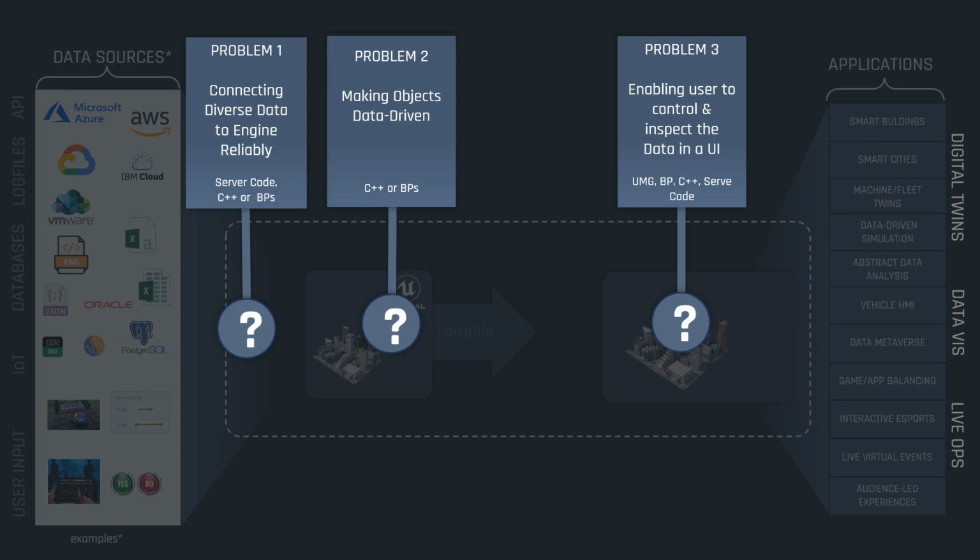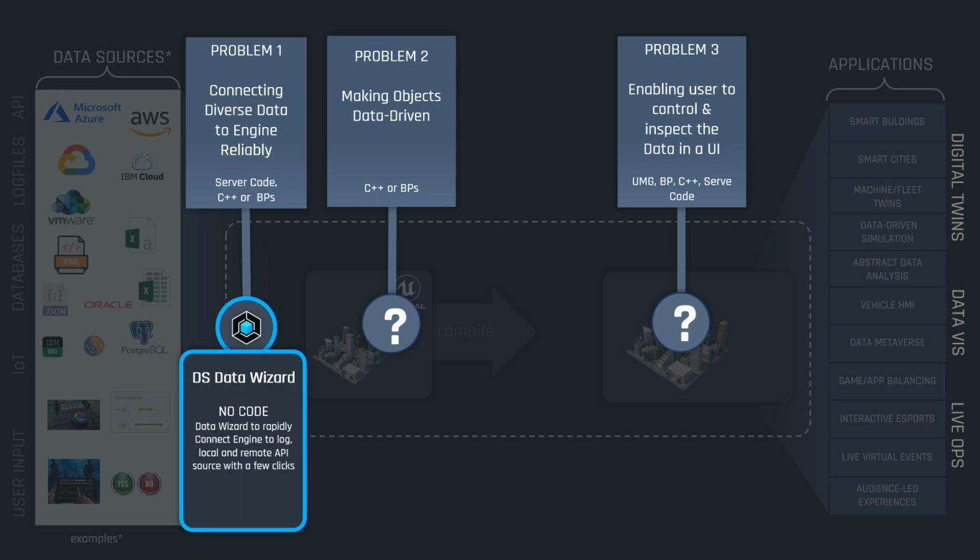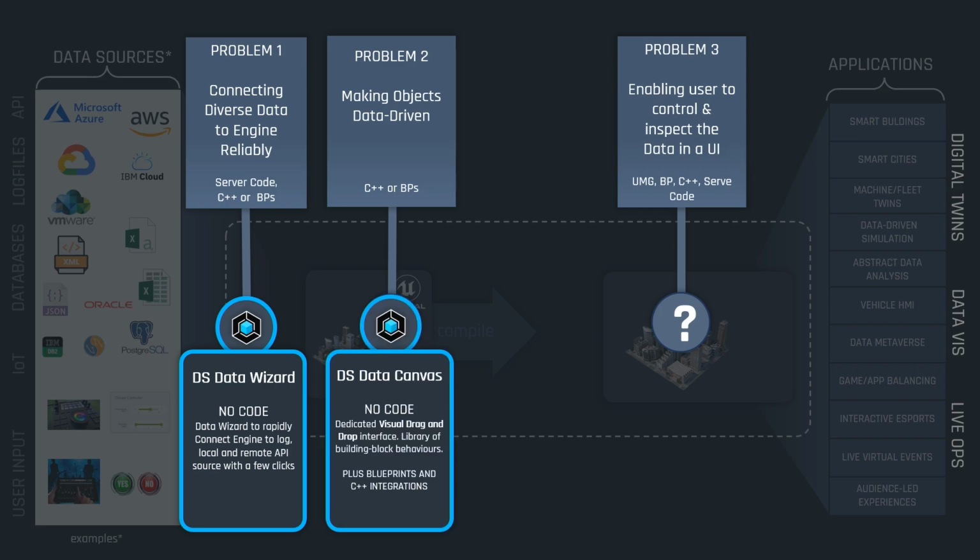All right, so these are the solutions to the problems. For the data connection problem, Datasculpt provides a no-code data wizard, which allows you to connect Unreal to external data sources. Maybe that's log files or APIs. For the problem of making objects data-driven, Datasculpt provides a no-code visual drag and drop, and it's literally a drag and drop. You're going to see it here in a minute, that you can then use to apply behaviors to it.